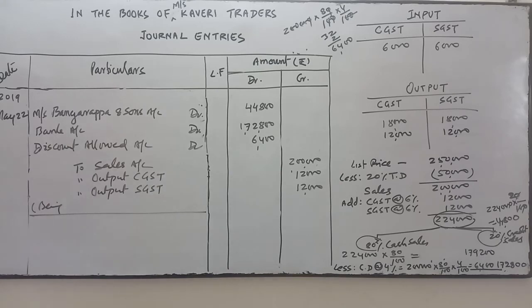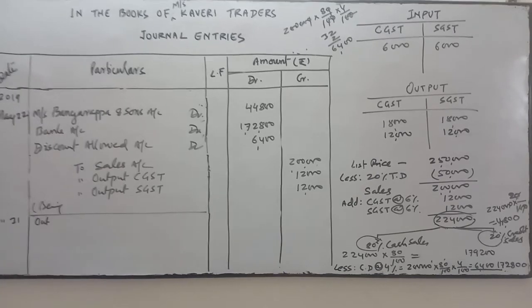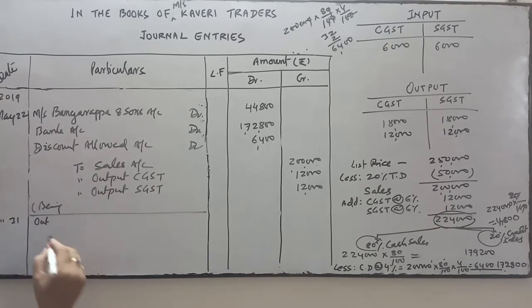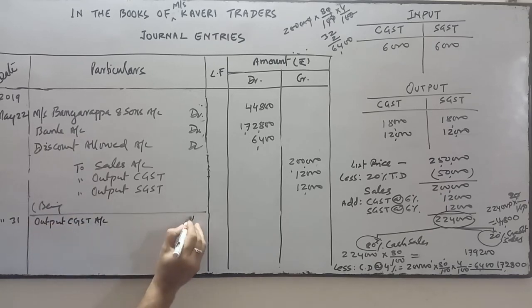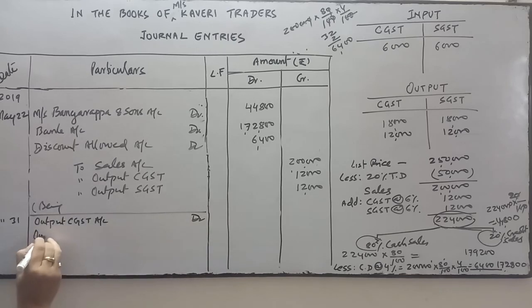The next entry will be on May 31st. We will do the settlement, payment made of the balance amount of GST. So output CGST account debit, output SGST account debit.